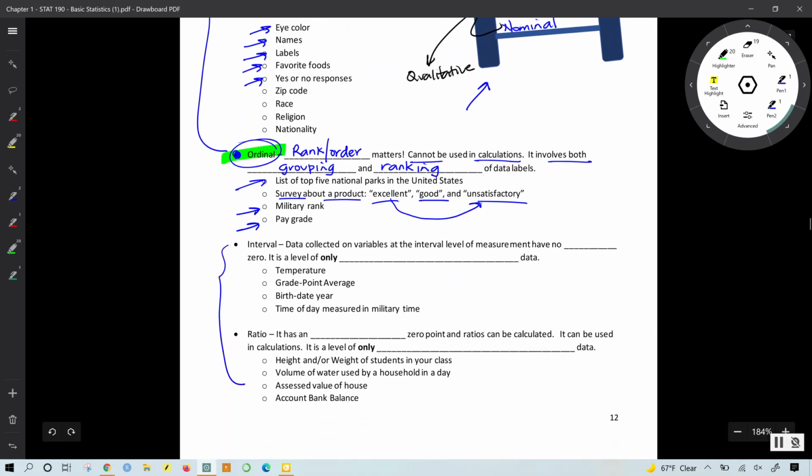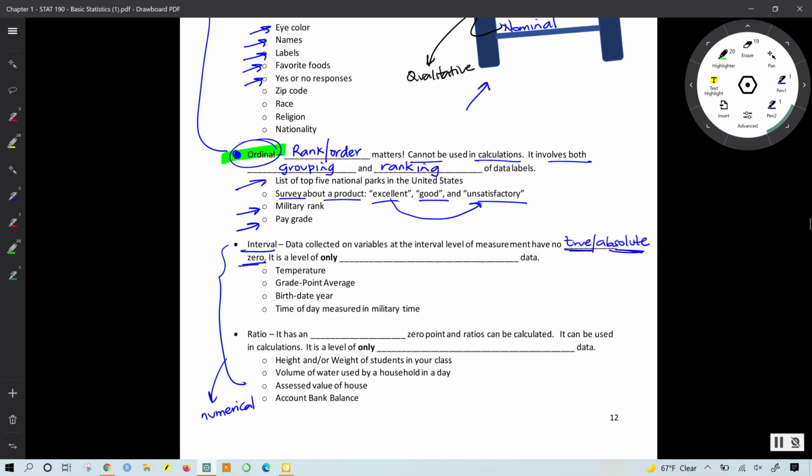Now, for the last 2, these pertain to numerical or quantitative variables. You see, data at the interval level of measurement have no true or absolute zero. What does that mean? An absolute or true zero should mean the absence of something. So if your bank balance is 0, it means there is no money in that account.